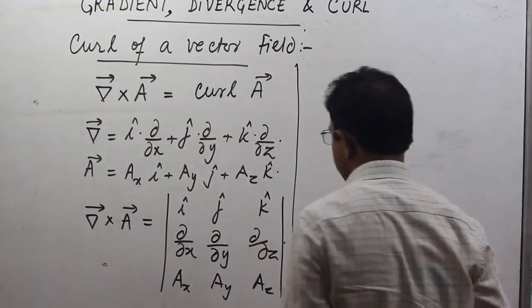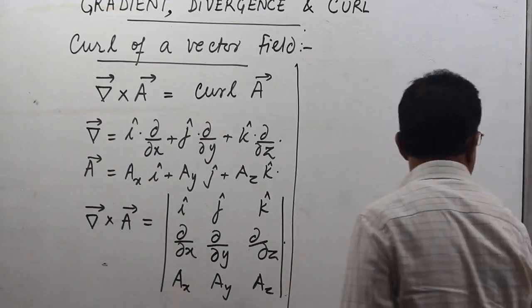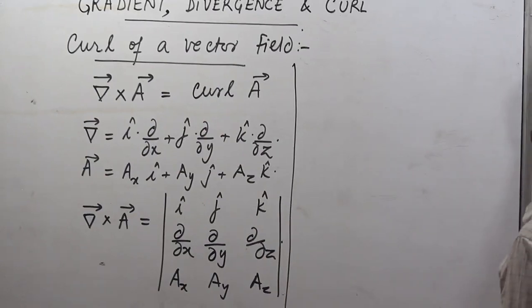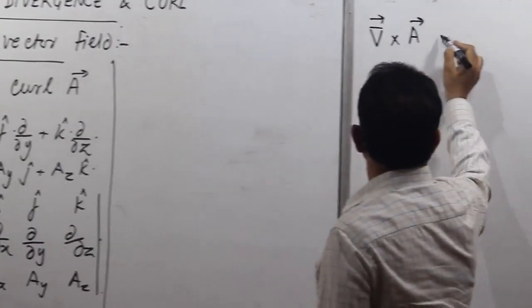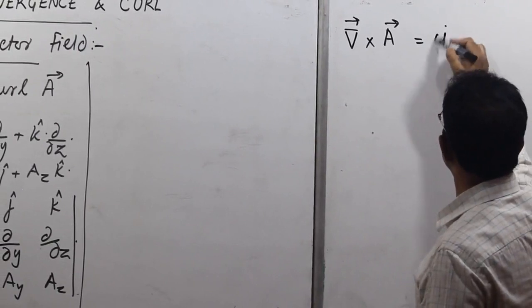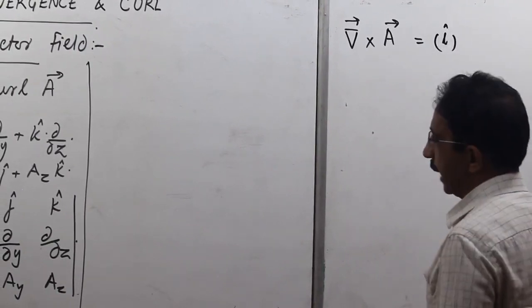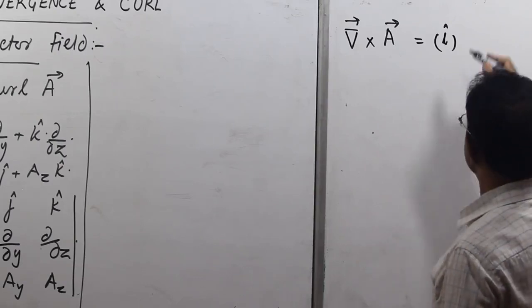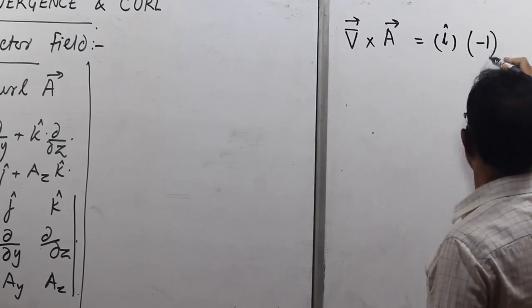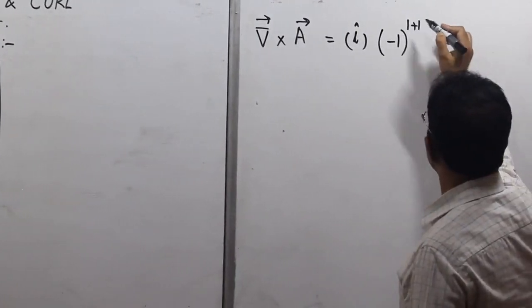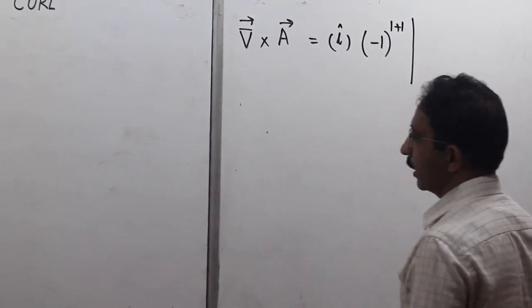So let's say we expand the determinant with respect to the first row. So I have del cross A. So del cross A would be first row, first element i cap into its cofactor, first row, first column. Now cut the column, cut the row.